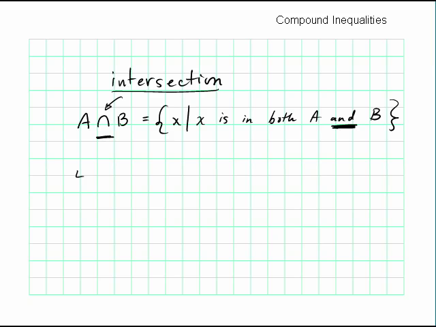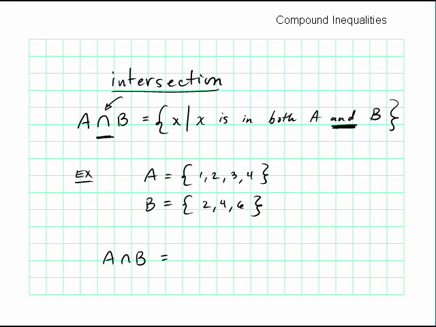For example, let's say we have our set A consisting of the numbers 1, 2, 3, and 4. And we have set B, which consists of the numbers 2, 4, and 6. The intersection of those two sets would be everything that they have in common, that are in both A and B. So I could put up here, common elements.